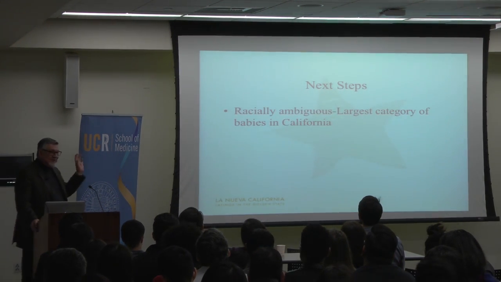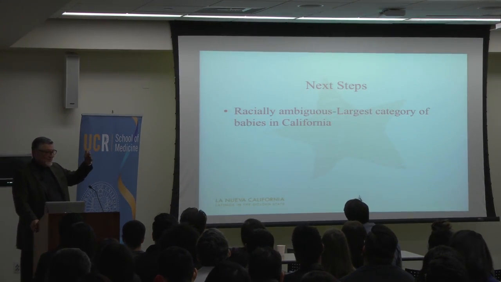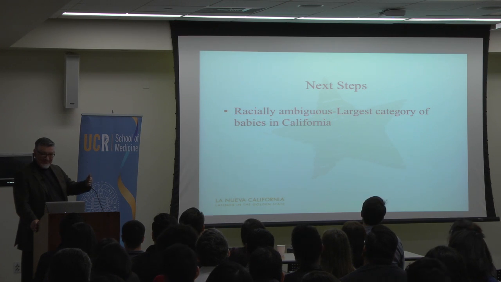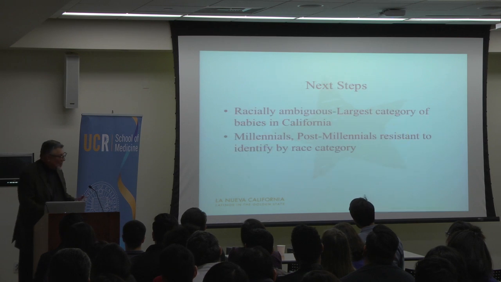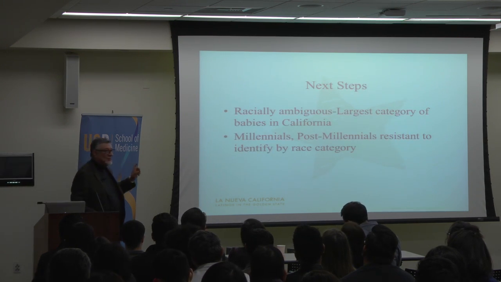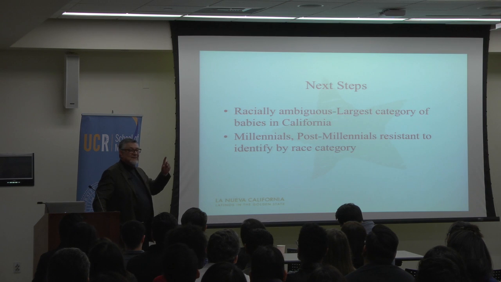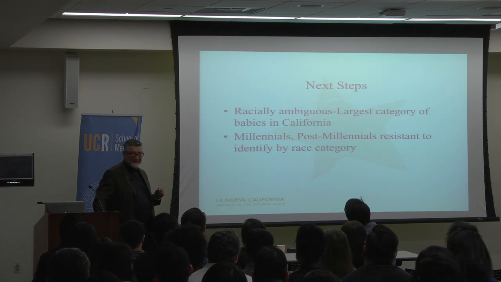Basically, realizing that racially ambiguous is the largest category of babies. Okay, there they are. And on top of that, millennials are increasingly reluctant to identify themselves by race.